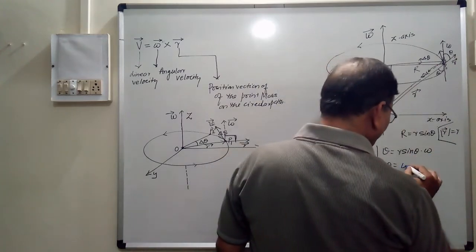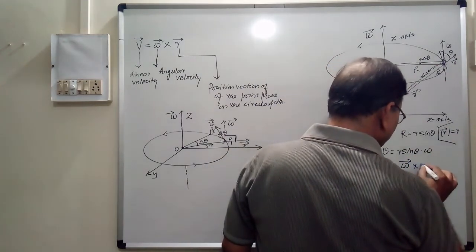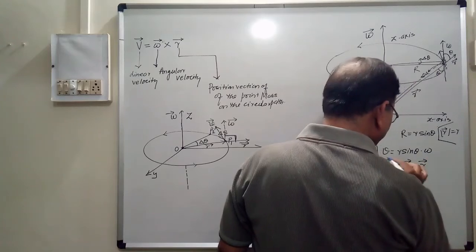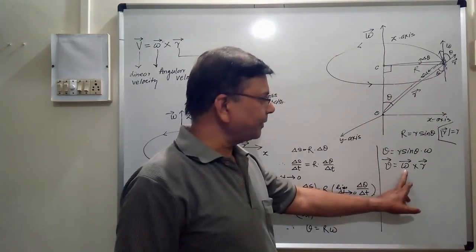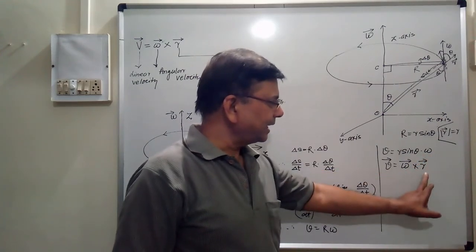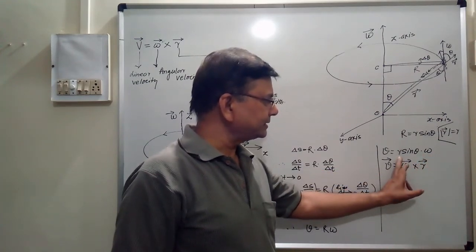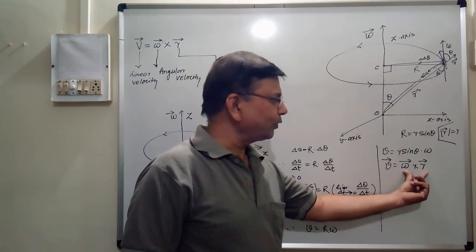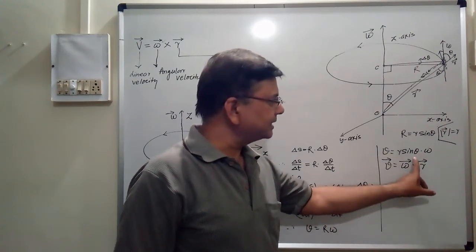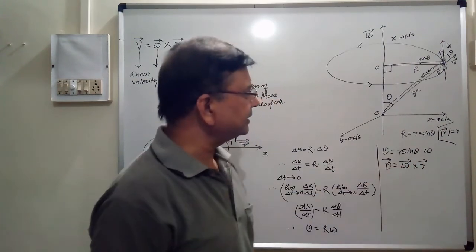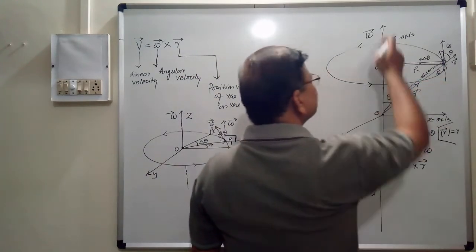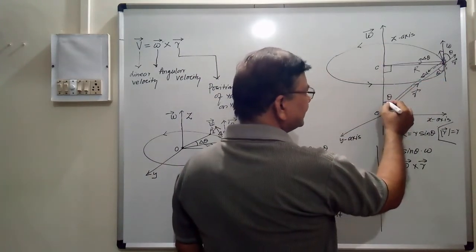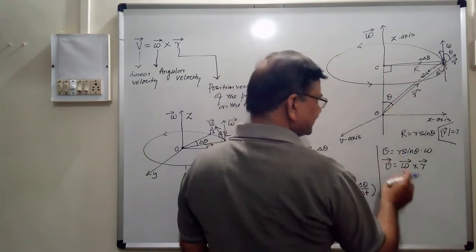We can write omega cross r vector. That is magnitude of omega, that is this, magnitude of r, that is this, and the angle between omega and r is theta, and that is sine theta. So this is r vector, this is omega vector, and the angle between these two vectors is theta.